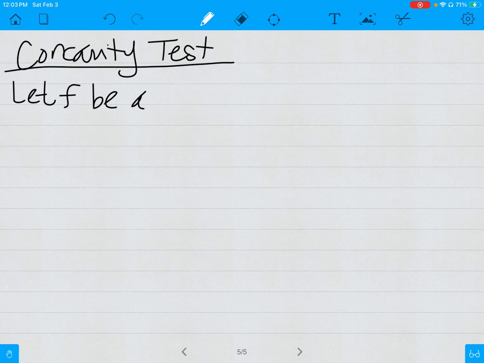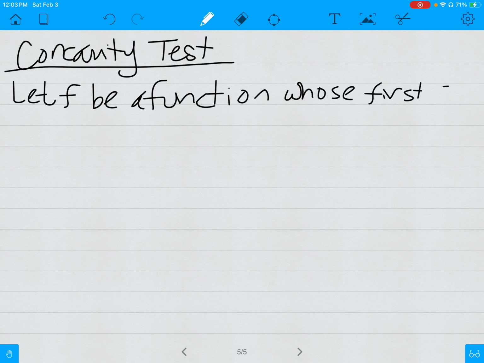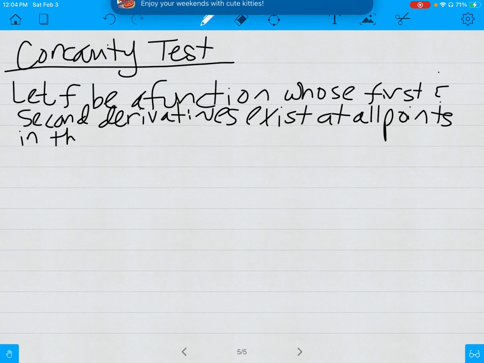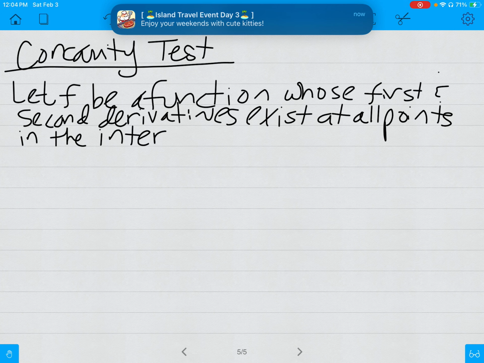be a function whose first and second derivatives exist at all points in the open interval AB.